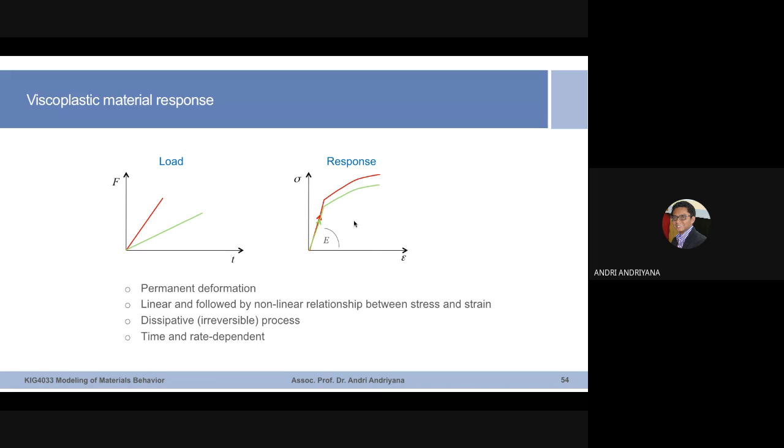If you are designing, for instance, solder materials for electronic packaging or for a chip, solder materials are viscoplastic materials. So when you want to evaluate the reliability of the chip in your mobile phone, you need to take viscoplastic material response into consideration.